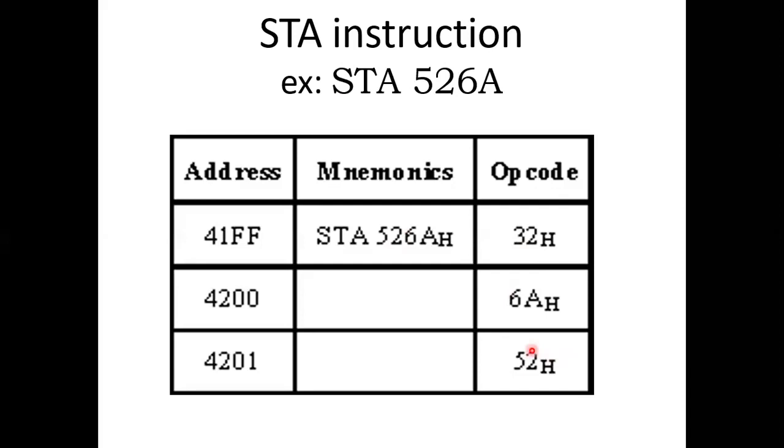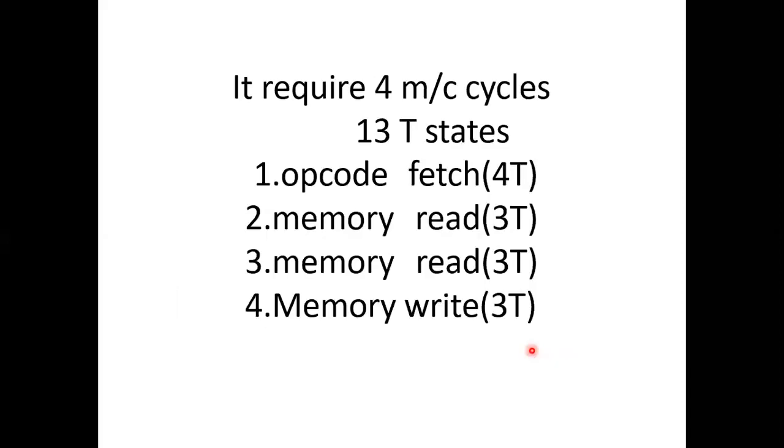Then how many read, write, and opcode fetch cycles will be required? We need to know, because STA means storing the accumulator value to a particular memory location. That means we need an opcode fetch to define the opcode, then memory reads.